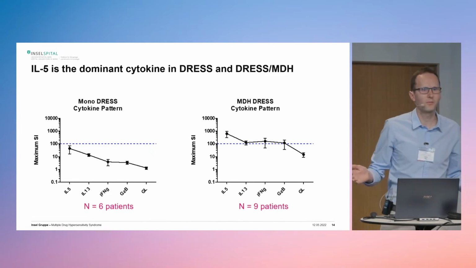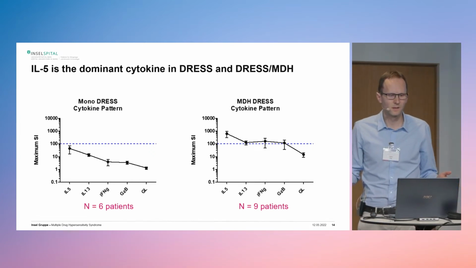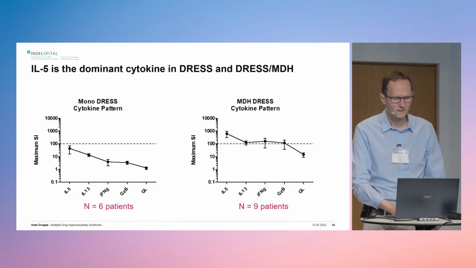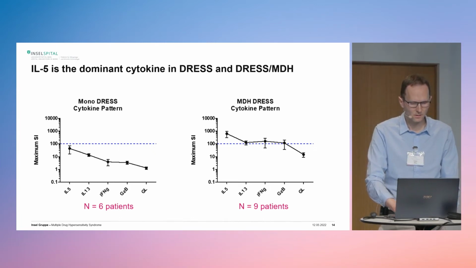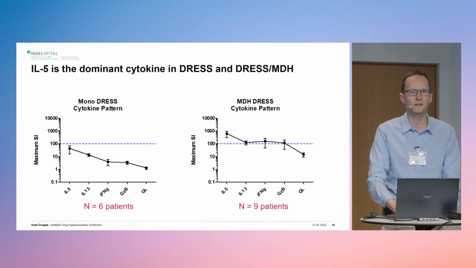The only difference we found is in LTT. We showed you already this morning that in LTT you have an IL-5 predominance, and when you look at our data, patients with DRESS without MDH and those with MDH, the patients with MDH have a much higher stimulation index compared to the other.